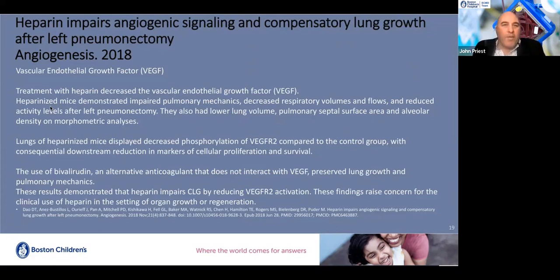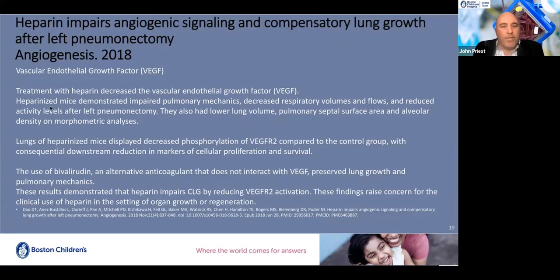So my takeaway from reading this is there are a lot of ECMO centers, and it seems like every ECMO center that I talk to is going towards bivalirudin, especially the centers that are treating diaphragmatic hernia.